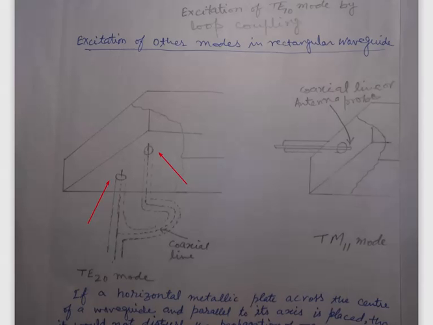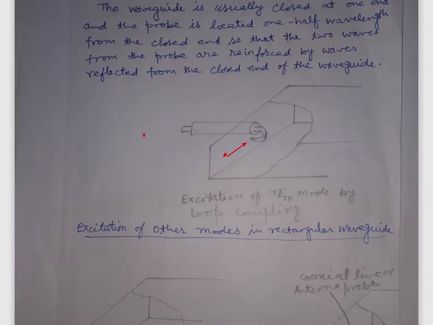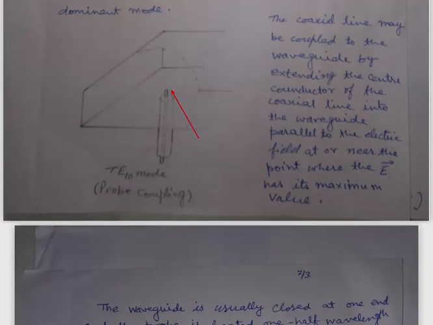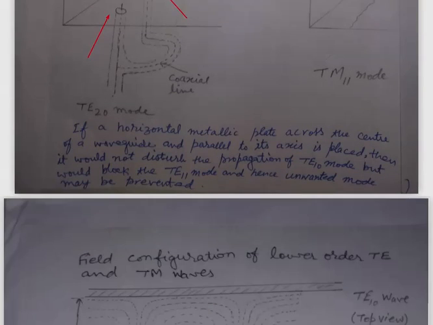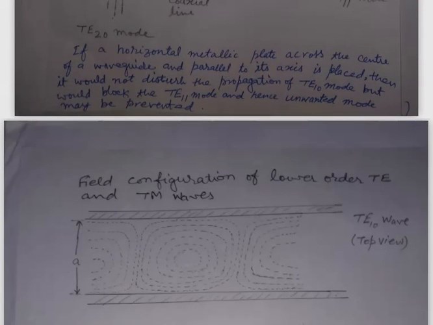So it means if the probe is inserted in the shorter or end side of the waveguide, it will excite TM11 mode, while as shown in the first figure, if the probe is inserted at λ/2 distance from the closed end in the wider dimension, then it will excite the dominant TE10 mode. So these are the methods of exciting the various modes.